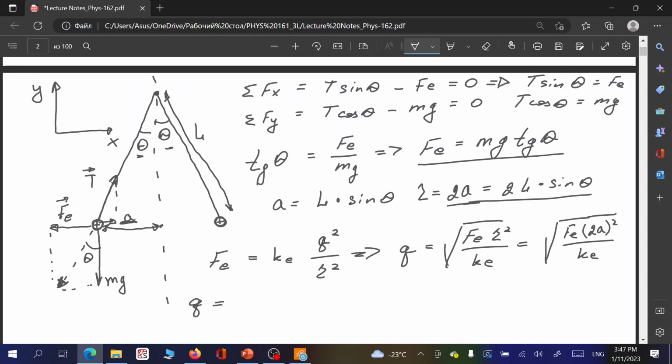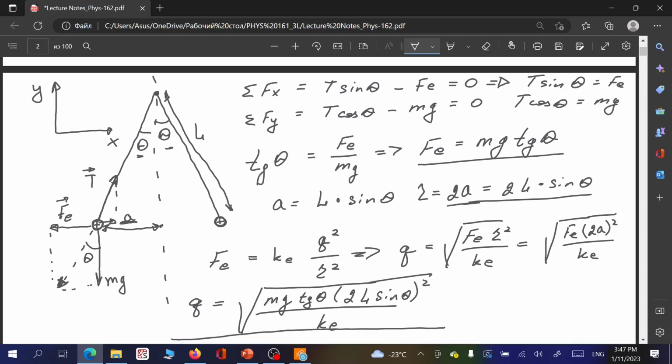So we get Q is equal to square root of mg times tangent theta, then we have (2L times sinus theta) squared, and that is divided by Ke.